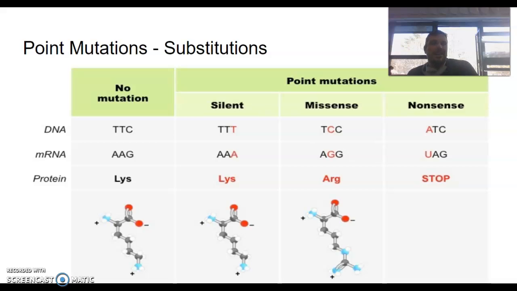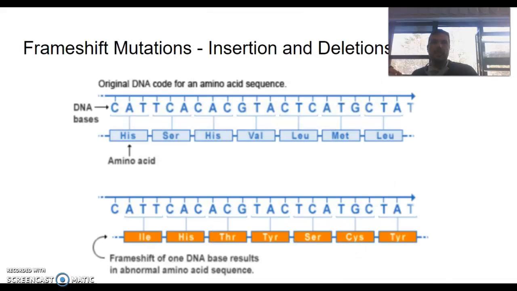The peptide's not going to be finished. When I say peptide, I mean protein. The protein's not going to be finished, and it's not going to work the way that it's supposed to work. So we have silent point mutations, missense point mutations, and nonsense point mutations. Those are important.